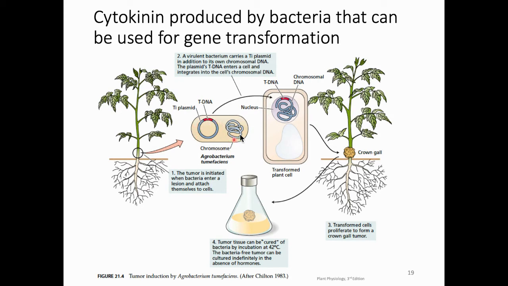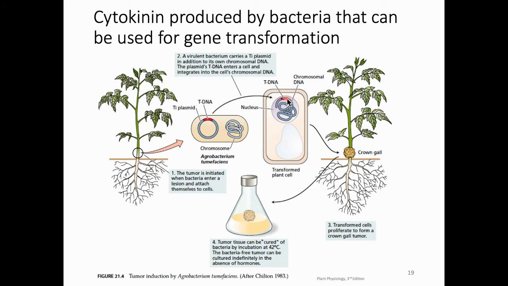The bacteria named Agrobacterium tumefaciens have some piece of DNA that can transfer to the plants, and in general, this bacteria contains the genes that can produce cytokinin.